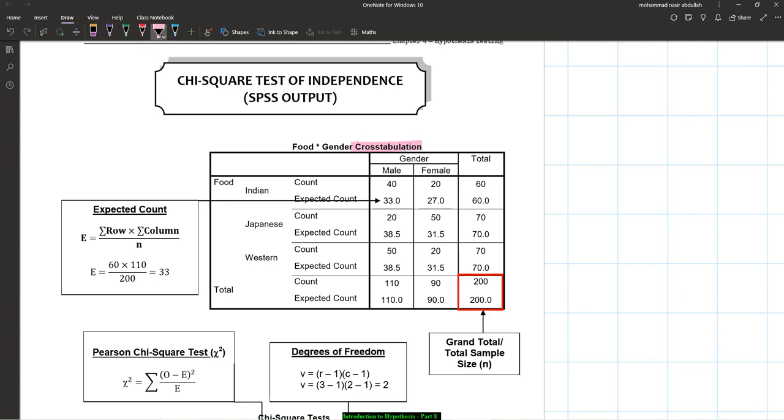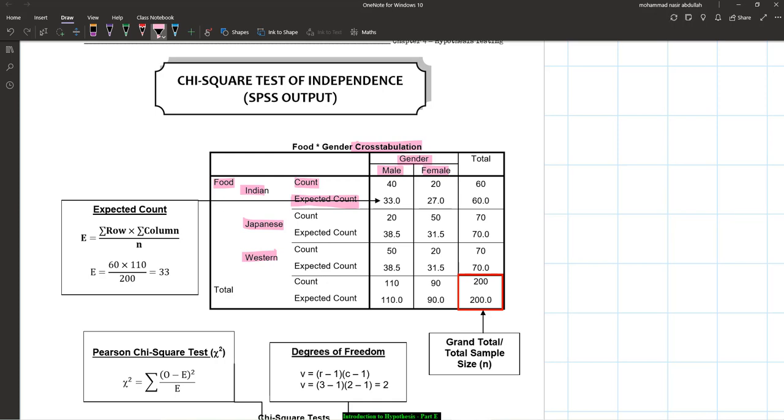For this table, you can see there are rows. The rows are for food preference, right? For Indian, Japanese, and Western. And for each row they have a count, which is the frequency, and the expected count, the expected frequency. And then we have gender representing the columns, right?